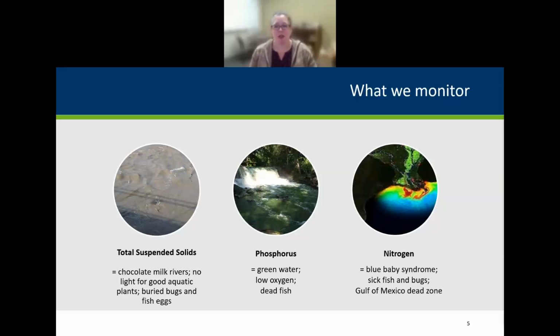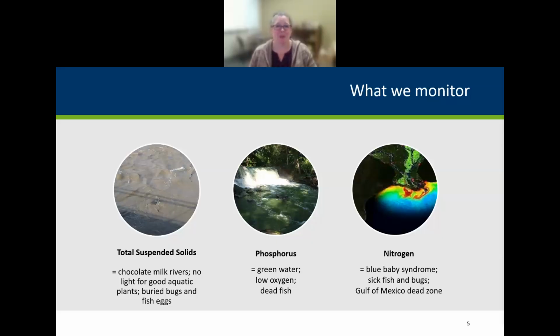The other thing that we monitor is nitrogen. There's a few different types of nitrogen. We look at nitrate nitrogen, so the inorganic, and then we do look at organic nitrogen as well, which I'll talk about a little bit later. Nitrogen can cause blue baby syndrome. There's increasing information, I think, on the Department of Health's website about possible other health links for adults.